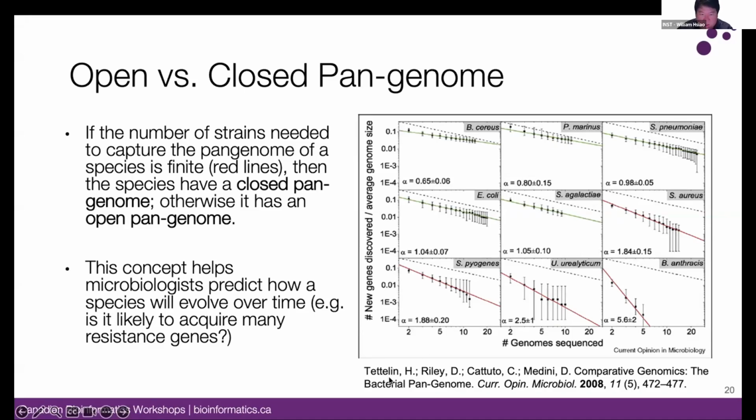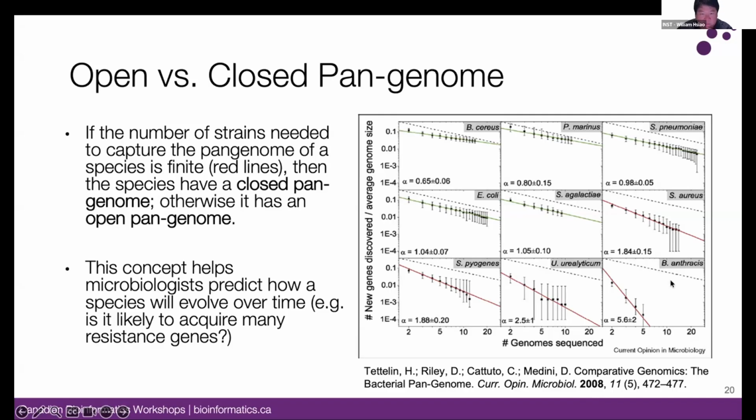The same group went on to do a study, compare other species genomes, and what they discover is that as a function of the number of new genes discovered, some organisms, unlike the group B strep shown in the middle here, indeed have a trend line that reaches zero eventually.